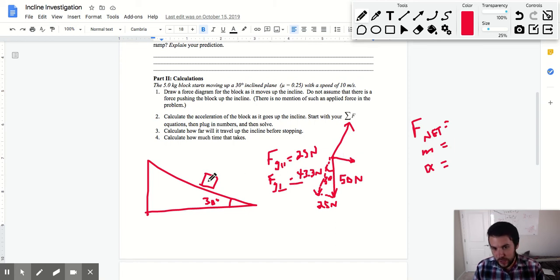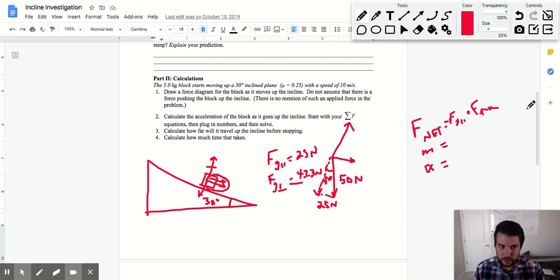Now remember, this parallel component is still going down the ramp, and we still also have friction going down the ramp. Then we've got our normal force and our perpendicular component of gravity. So if I think about the free body diagram like this, it becomes pretty clear that these two components are the same. So my net force is really just those two components added together, which is FG parallel plus my force of friction.